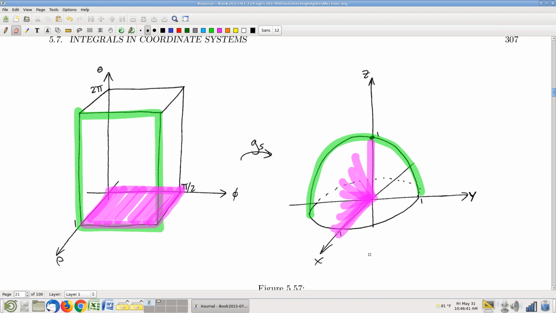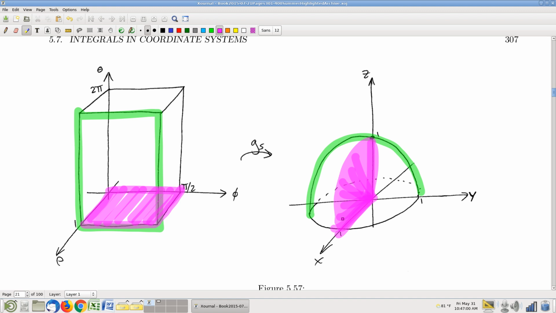So altogether, what I've really got is this quarter disc, so it's sort of a half of a slice through that half ball.